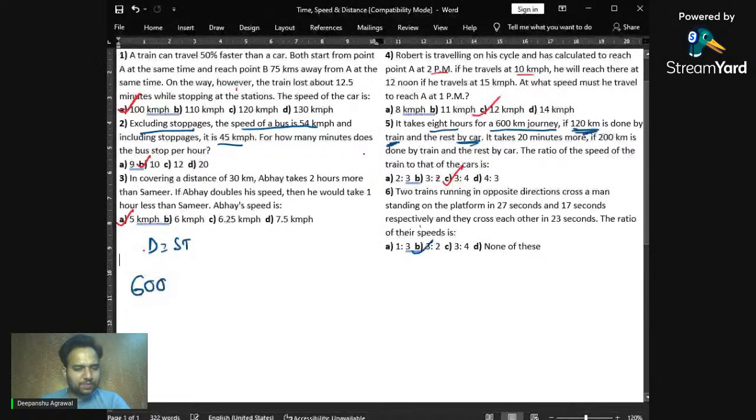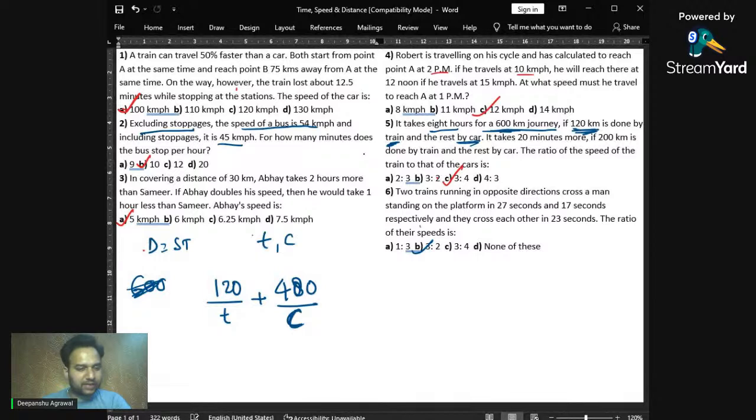So let us assume that the speed of the train is t and the speed of the car is c. In the journey of 600, 120 kilometer is done by train. So 120 kilometers divided by speed of the train is the time taken by train, plus the rest, 480, is done by car. So 480 divided by c.